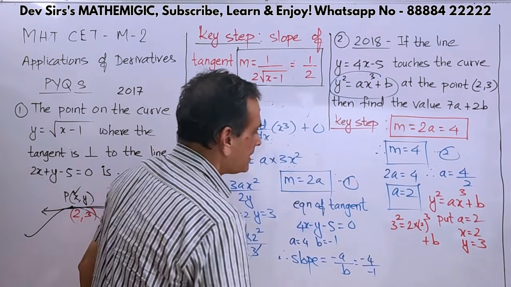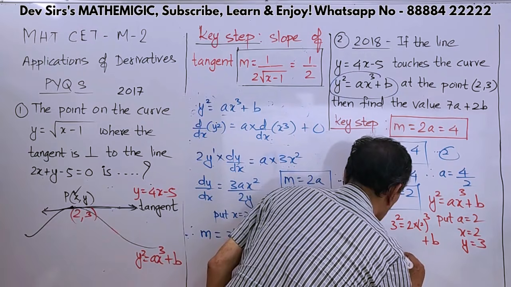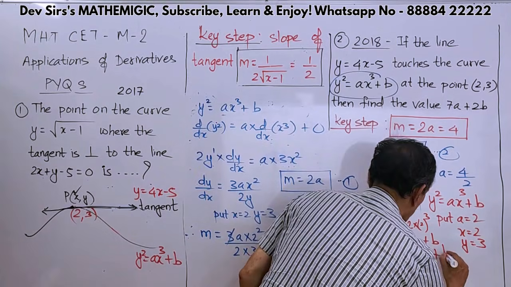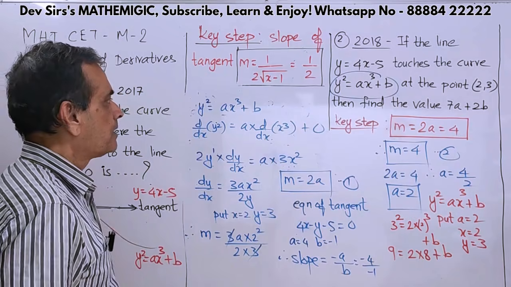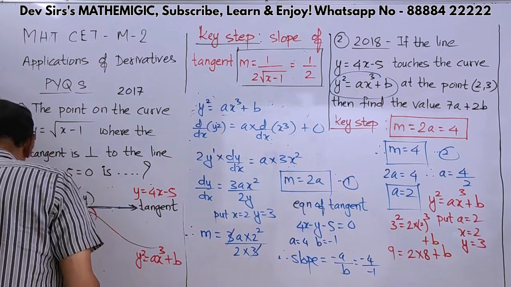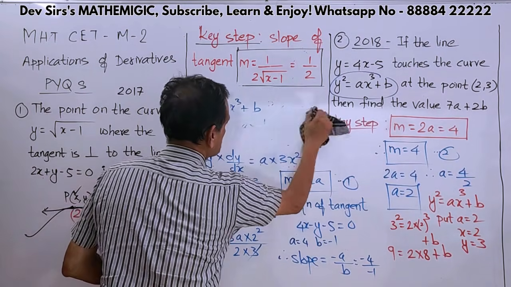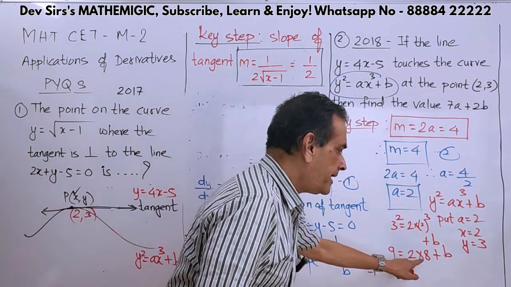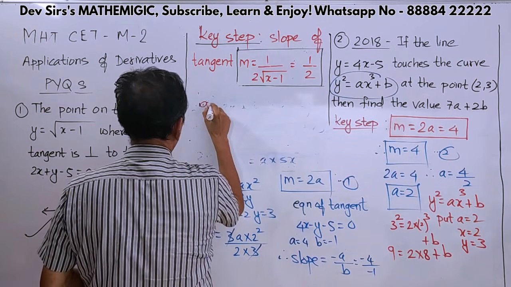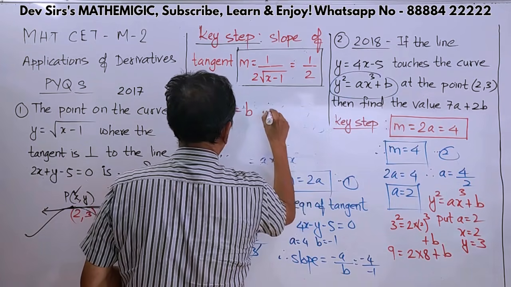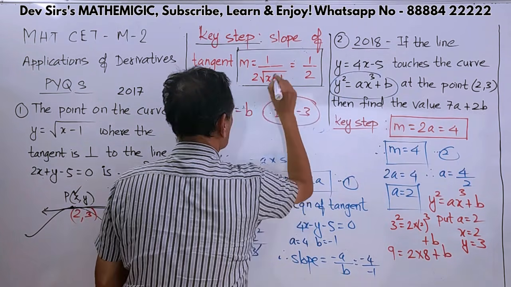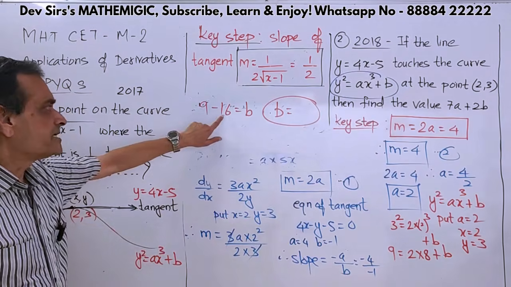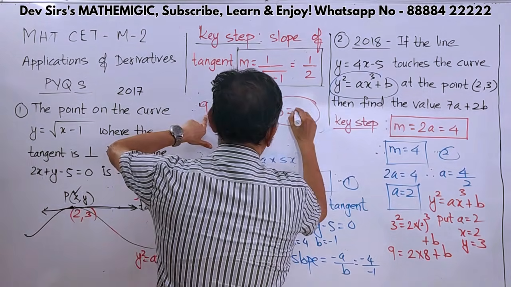So 3 squared is 9, 2 cube is 8 plus b. Let's calculate. 8 times 2 is 16. 16 minus 9 is 7. We get b equal to minus 7.